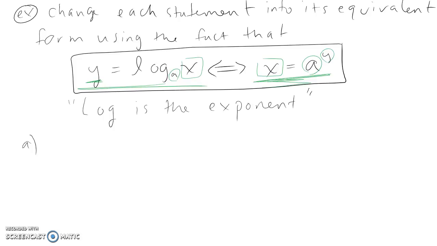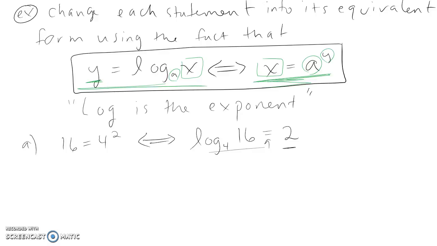Okay, so let's do a couple of examples. If I want to say 16 equals 4 squared, that is the same thing as saying that the log base 4 of 16 is equal to 2. So the idea is I'm saying that the log is, meaning equals, the exponent.